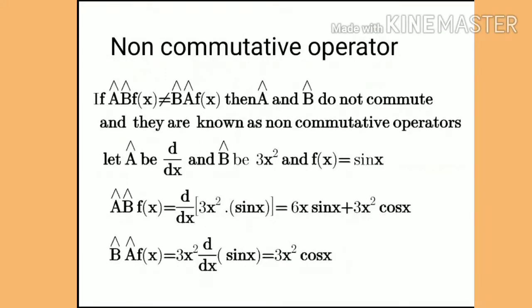Non-commutative operators. Here the result depends on the order of operation. If a cap b cap fx is not equal to b cap a cap fx, then the a cap operator and b cap operator do not commute, and they are known as non-commutative operators.